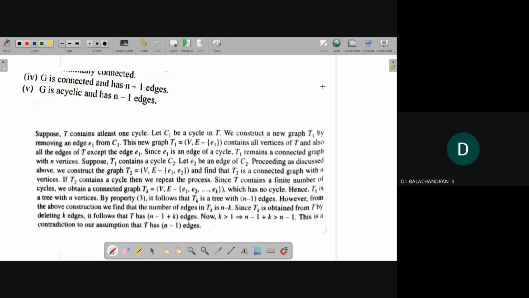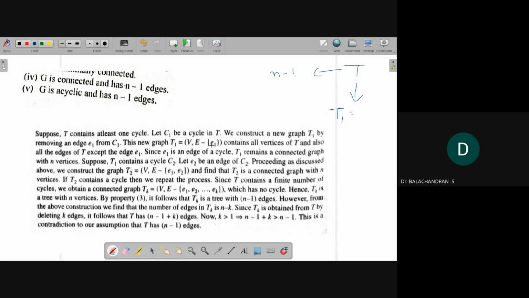So this is your T. From T, I am getting T1. The vertices are the same, there is no change in the vertices. E is the set of all edges in T. How many edges does it have? N minus 1 edges. Now in T1, I removed one edge.